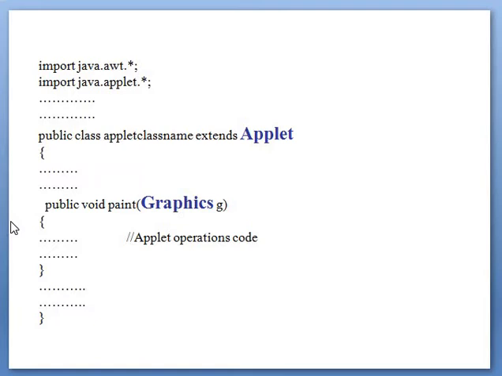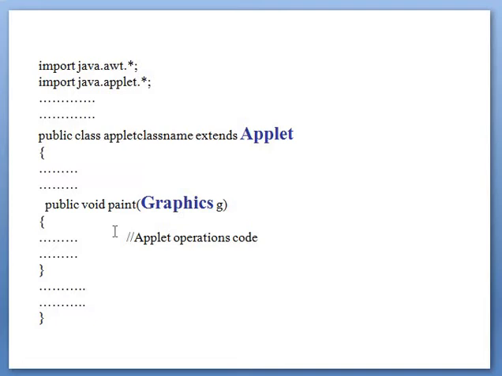Then inside that applet class there will be a public void paint method with an argument Graphics g. g is any user defined name, so the Graphics class instance is g here in our case. That is the only method to be implemented here.